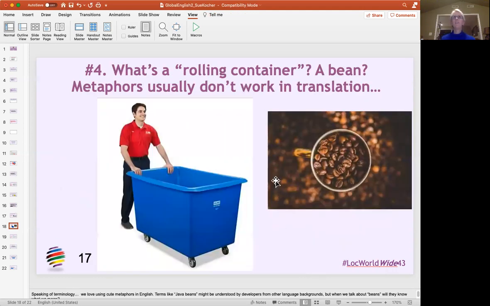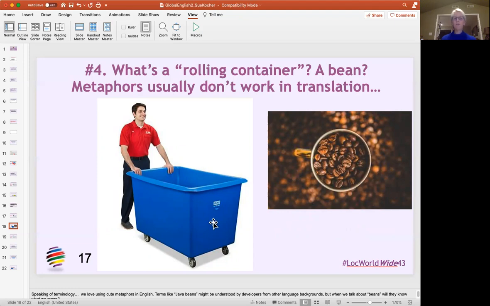Speaking of terminology, this is a tricky one. One of our consultants who works with the product and is familiar with it had a laugh with one of our translators when he pointed out that the term rolling container translated into his language, which I think was Danish, to sort of envision this scenario, this container that rolls, or it could be a barrel that's rolled along the ground, maybe in a shipping warehouse or something like that.